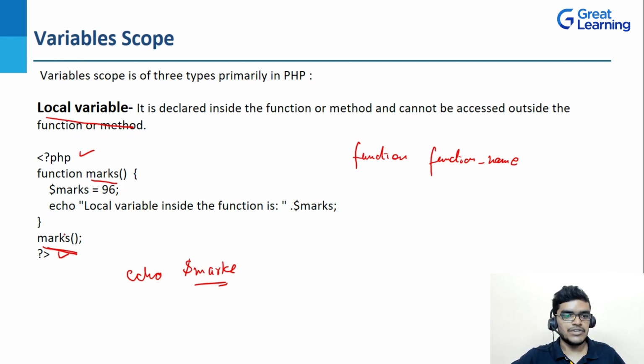It will check, oh, my marks value is 96, and inside this function I have the echo function, and it will print local variable inside the function is 96. But I can't directly write echo outside the function and then write marks. It will not print. Let me give you an idea by showing you the practical example.